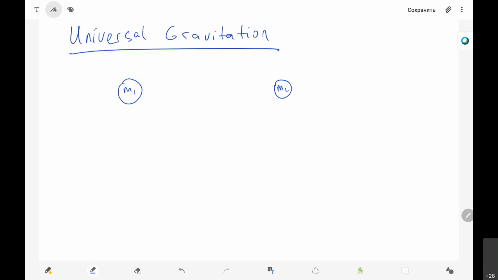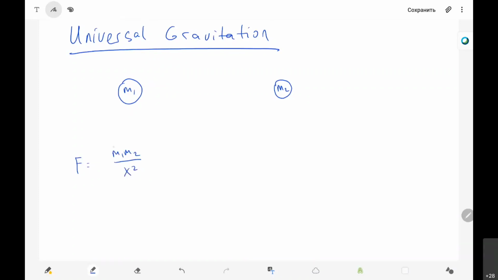And Newton says that there is a force between these two objects. No matter what mass, what distance, they will feel each other. And he says that this force depends on both masses and the distance between these two objects.